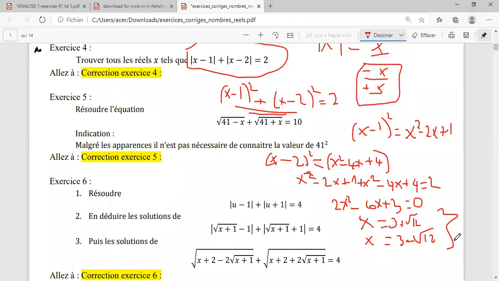From the part where you had positive 1 plus x squared minus 4x plus 4. Is that positive 1 and negative 1? Positive 1 and negative 1. Positive 1. We have x squared minus 1 plus x squared minus 4x plus 4, which is equal to 2.